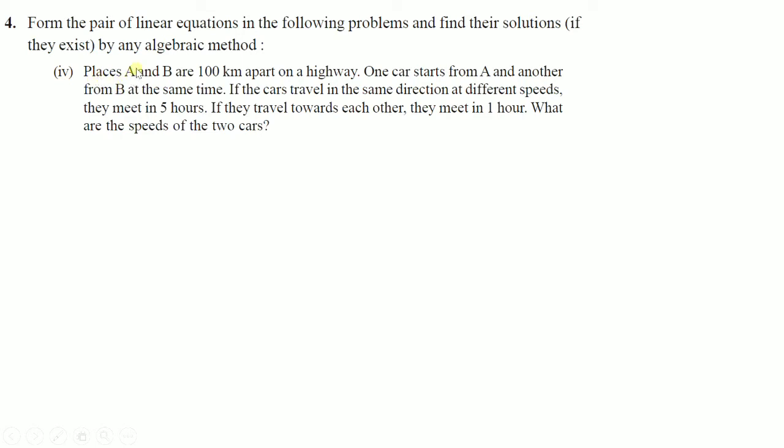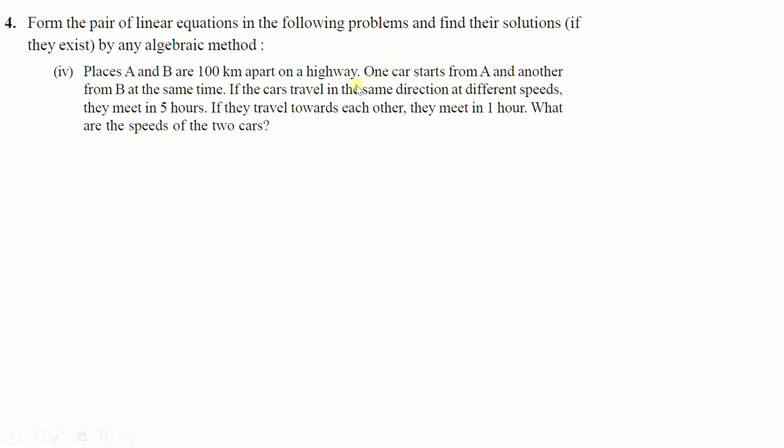So, this is an important question and an application based question. Places A and B are 100 km apart. The distance between A and B is 100 km on a highway. One car starts from A and another from B at the same time.